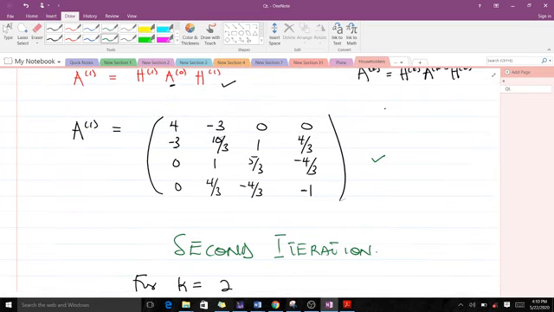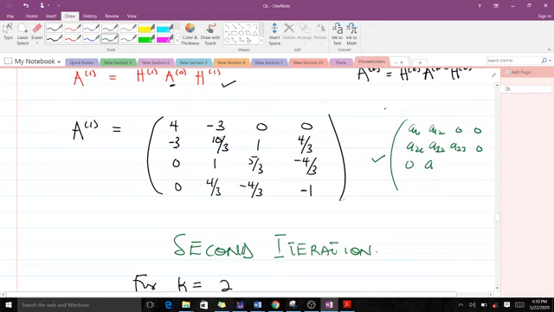Alright, so we are done with our first transformation iteration, and you can see that we still don't have a tridiagonal system. For a 4x4 system, our tridiagonal should be of this form: A11, A12, 0, 0, A21, A22, A23, 0. You're supposed to have 0 here, A32, A33, A34, so we'll have 0, 0 here, A43, and A44.